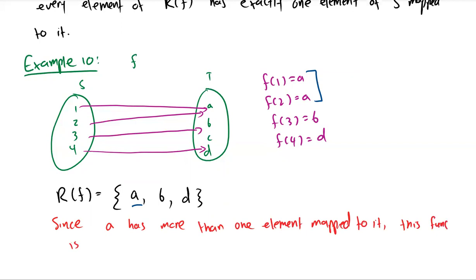It is a function, right? It passes the vertical line test, and you can see that every element of S is mapped to a unique element of T. However, it is not one-to-one. Right, so it's very easy to check if you're given something like this. It's also very easy to check if you're given a graph.